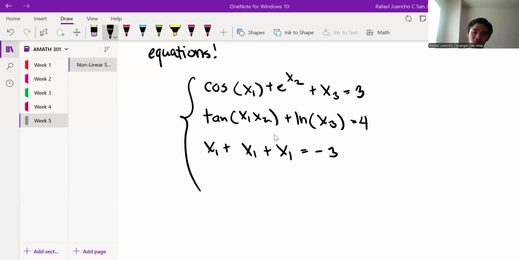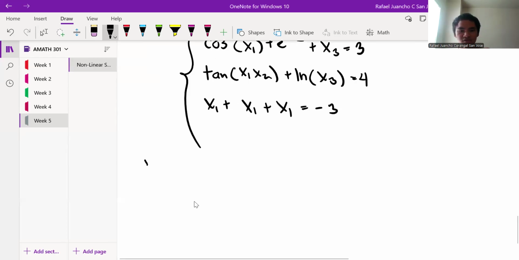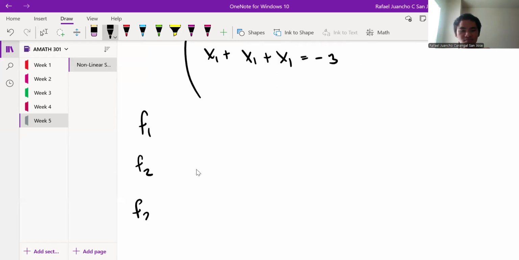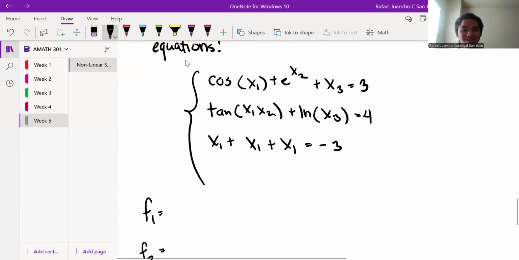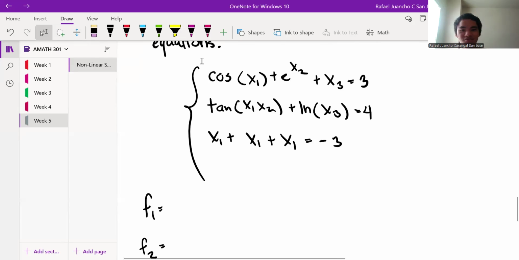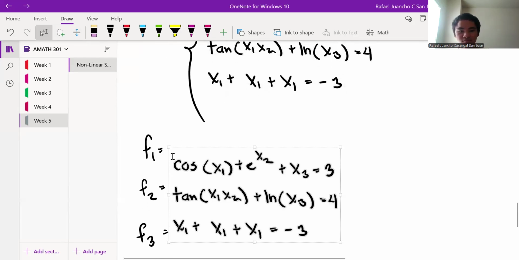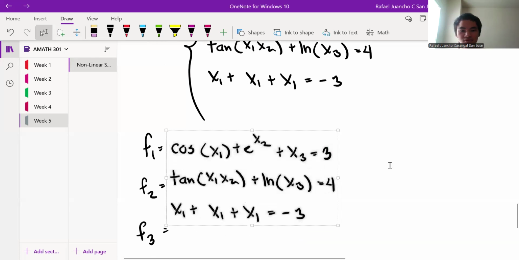And so what do we do? We treat them as functions, right? So when we treat them as functions, we have f1, f2, f3, right? And I'm just going to copy paste, because that was the first thing we want to do. We treat them as functions. Oh, shoot.